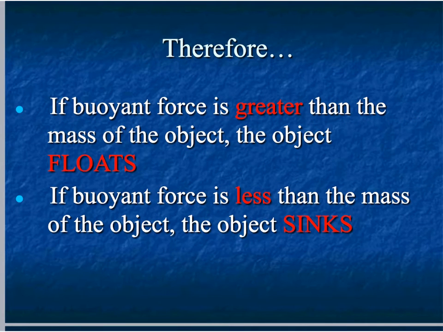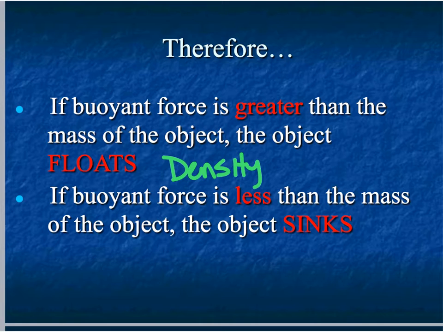If the buoyant force is greater than the mass of the object, it floats. If the buoyant force is less than the mass of the object, it sinks. So basically we're comparing densities. We compare the density of the object being placed in versus the liquid it's being placed in.